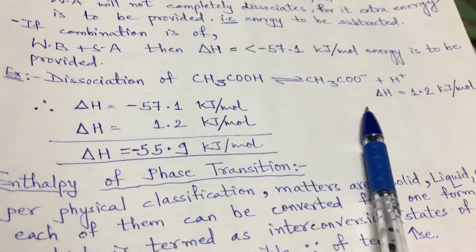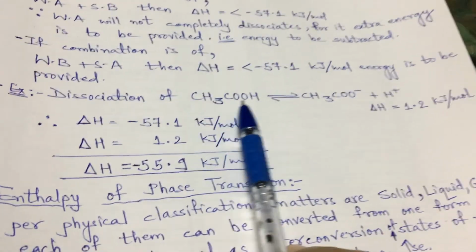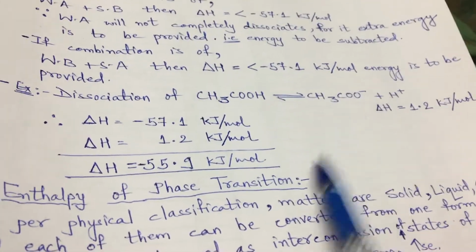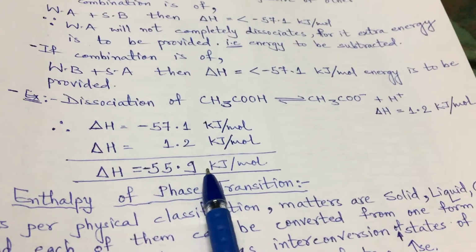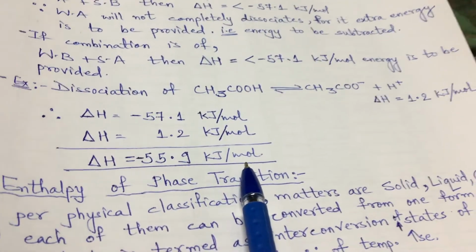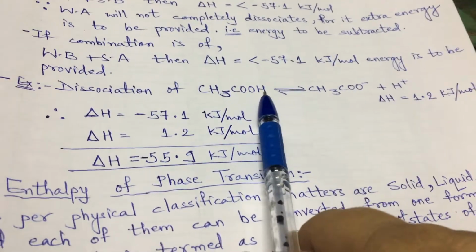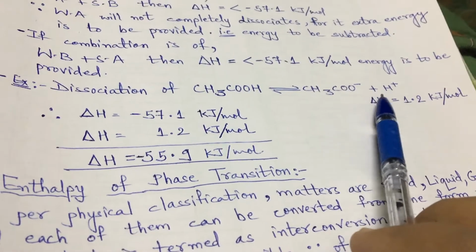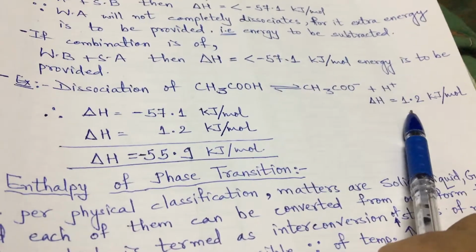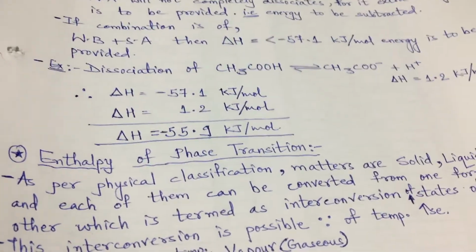So actually for this acetic acid to dissociate, minus 55.9 kilojoule per mole energy is given, which will exist as CH3COO minus and H plus by 1.2 kilojoule per mole.